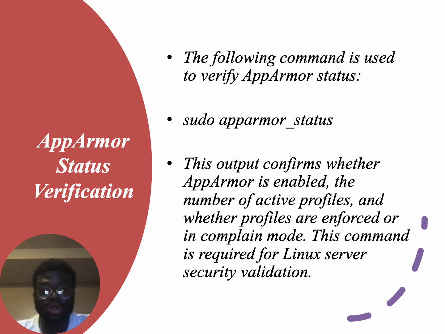The output confirms whether AppArmor is enabled, the number of active profiles, and whether profiles are enforced or in complain mode. This command is required for Linux server security validation. Like I said, this was the command I used to check whether AppArmor was enabled, the number of active profiles, and whether profiles are enforced or in complain mode.